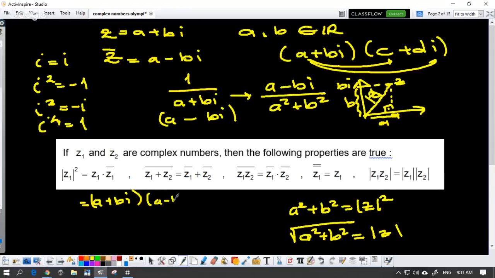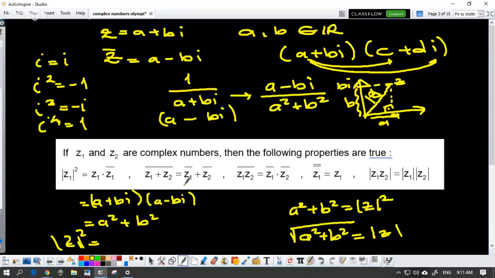So this is equal to a square plus b square, because minus bi square is going to be equal to b square. Then here we are going to get a square plus b square. And at the end, z1 modulus square is equal to a square plus b square. This is the Pythagorean theorem.